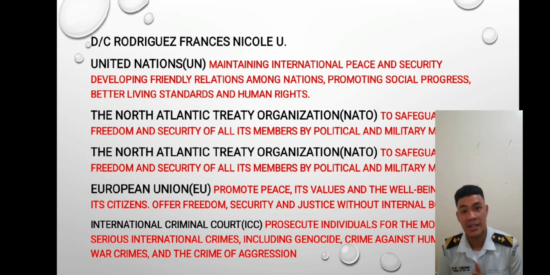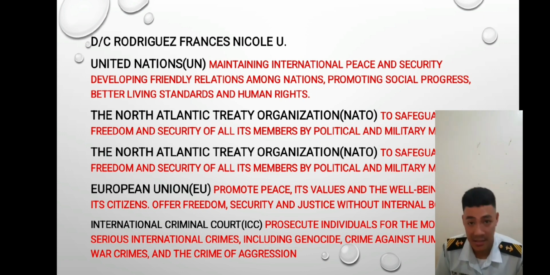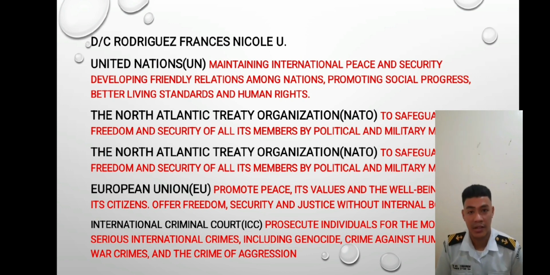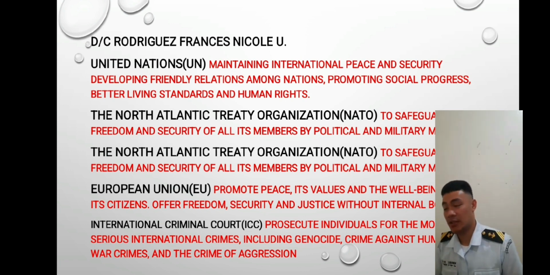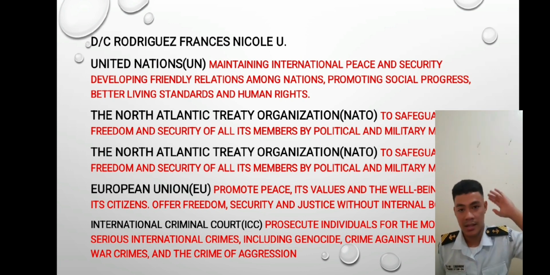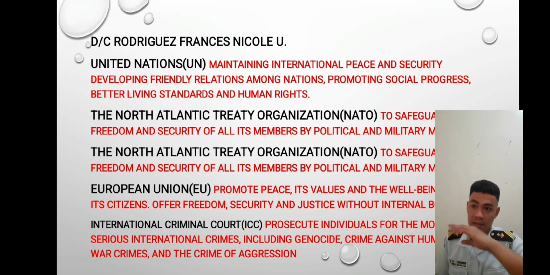So and lastly, the International Criminal Court, or the ICC. This is an international tribunal established to prosecute individuals for the most serious international crimes, including genocide, crimes against humanity, war crimes, and the crime of aggression. So the ICC is like a big organization, the top of the line, like for example a judge for us.